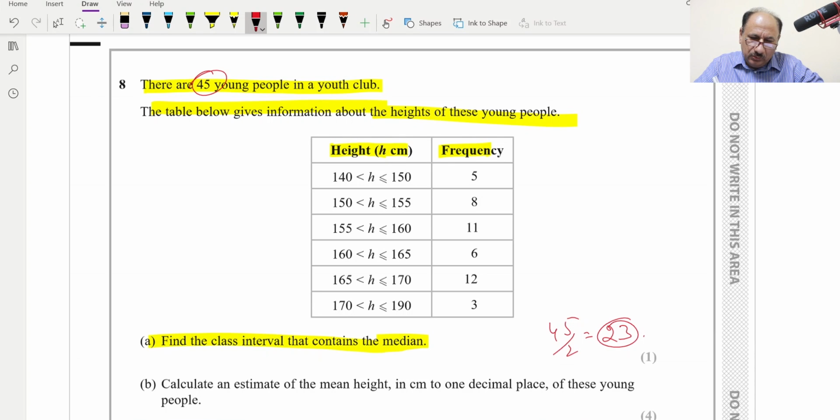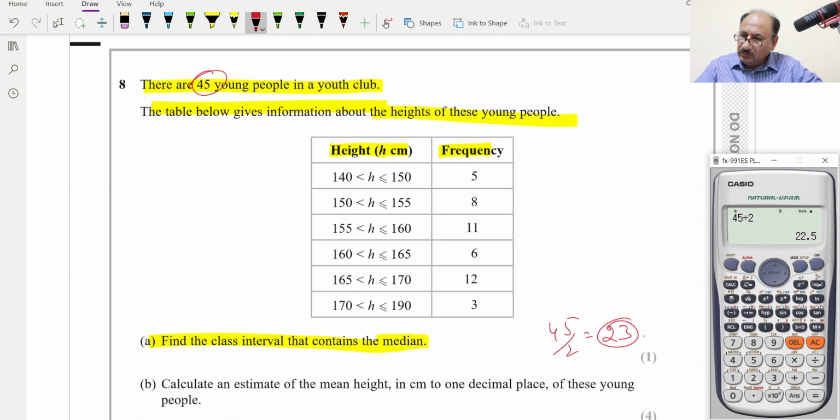So we need to find the 23rd value. If we add 5 plus 8 plus 11 plus 6 plus 12 plus 3, it is equal to 45. Yes. So the median will be the middle value, 45 divided by 2, which is 22.5.